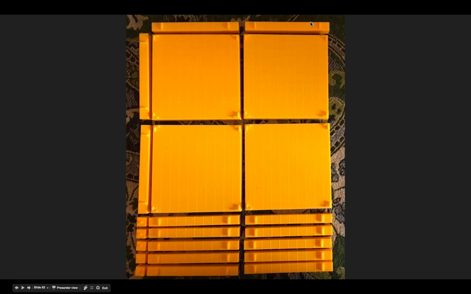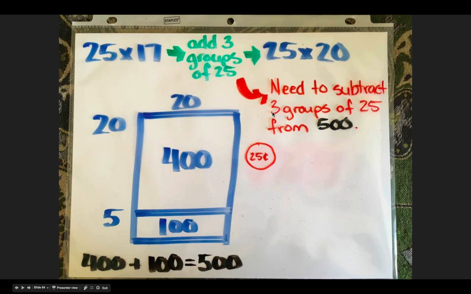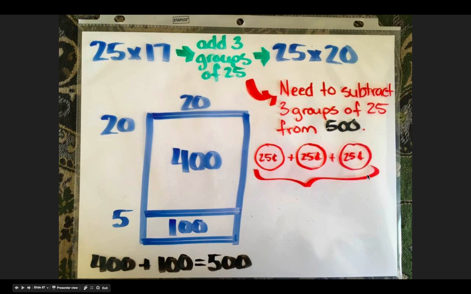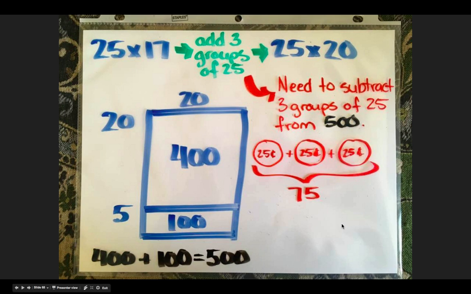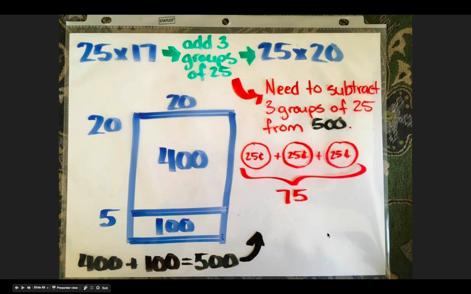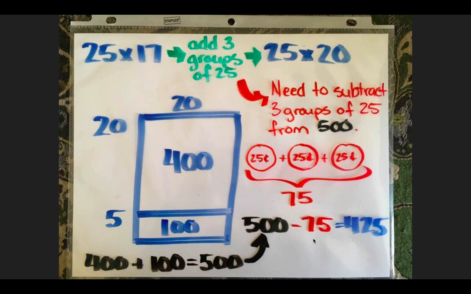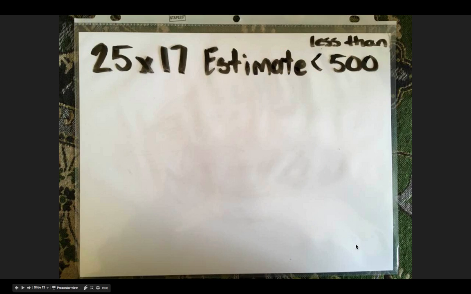Concretely, it looks like taking away these last 3 columns, just like that. Or I thought of it as having 3 groups of 25 is like having 3 quarters, which I know is 75 cents. So then if I take away my 75 from the 500, I end up with 425. I know from my previous example that that's the correct answer, and once again it makes sense with my estimate. And I found this way was a bit more efficient.